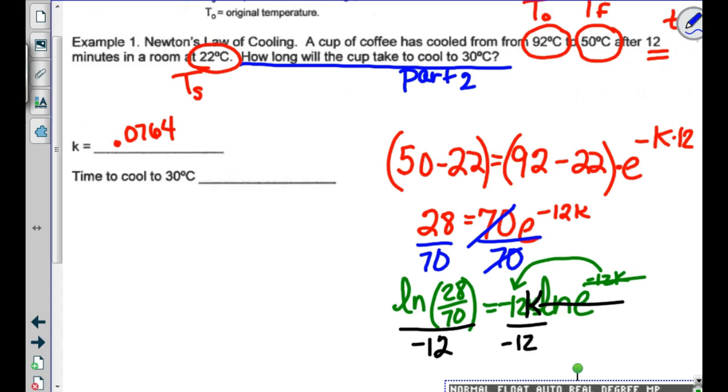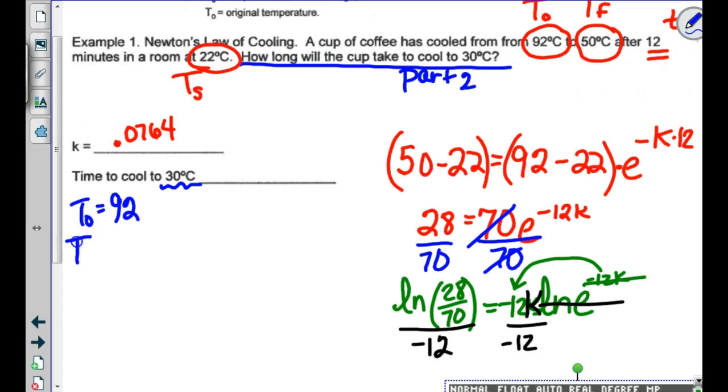Okay. Now, we're going to start the problem over, and we're going to say the time to cool to 30 degrees Celsius. The question on the quiz says the time to cool from when it came out of the oven or when we poured it or whatever it is. So we're going to call our original temperature still 92 degrees.